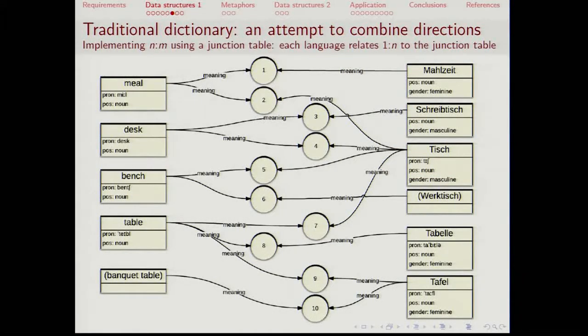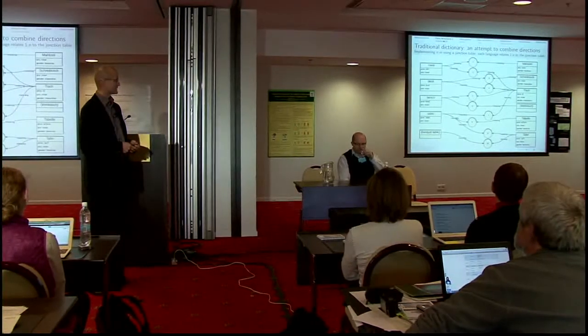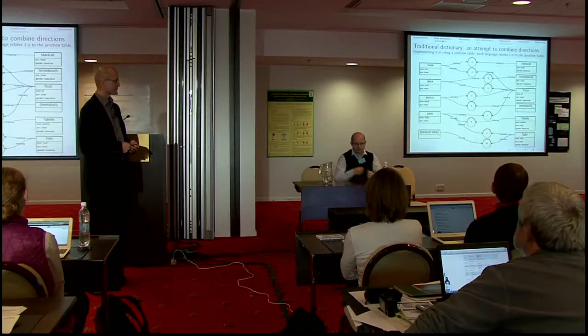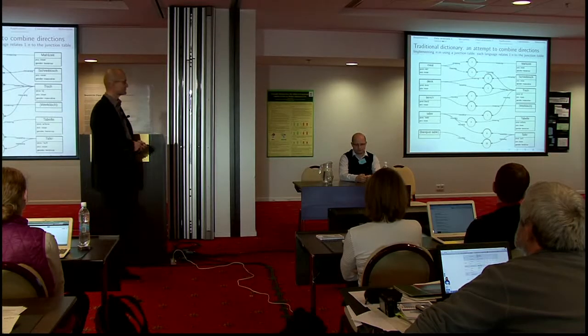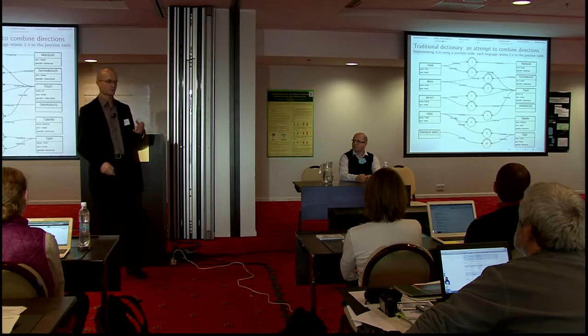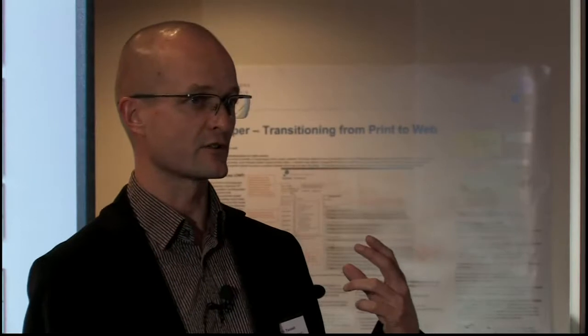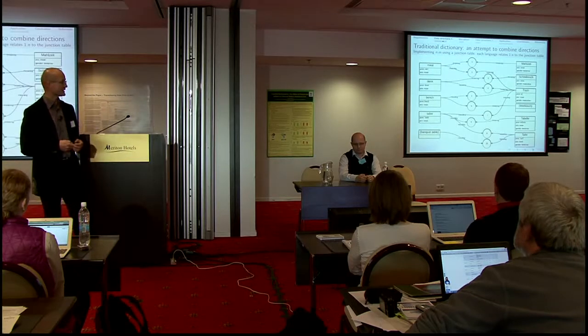And the point of this exercise is that we now have a one-to-many relationship between the junction table entry and the words. So each junction table entry has exactly one word corresponding to it on each language side. In the other directions, it's many. One word can be related to more than one junction table entry.